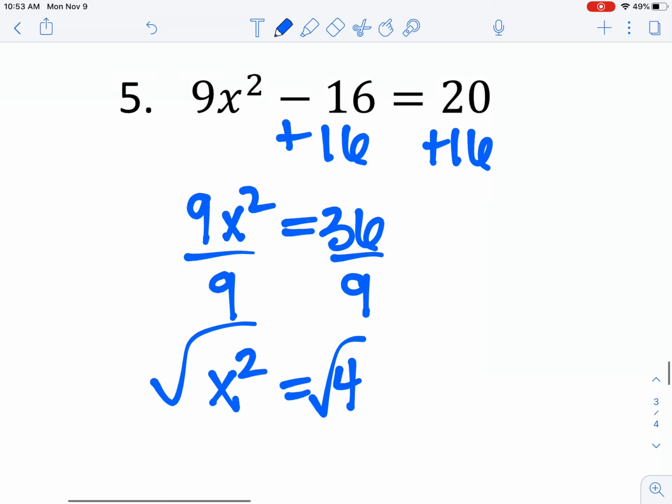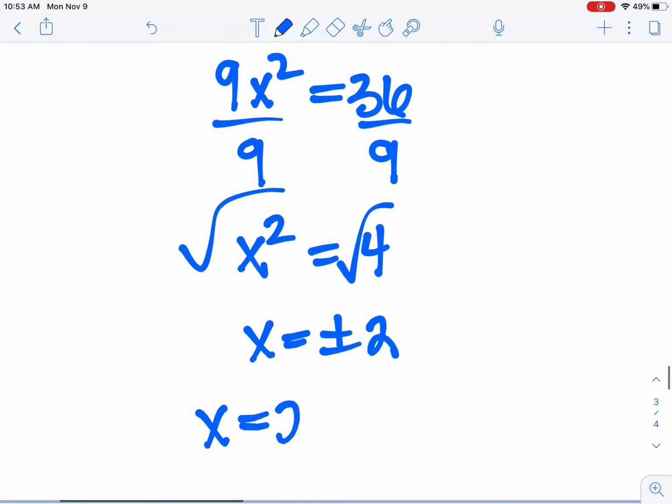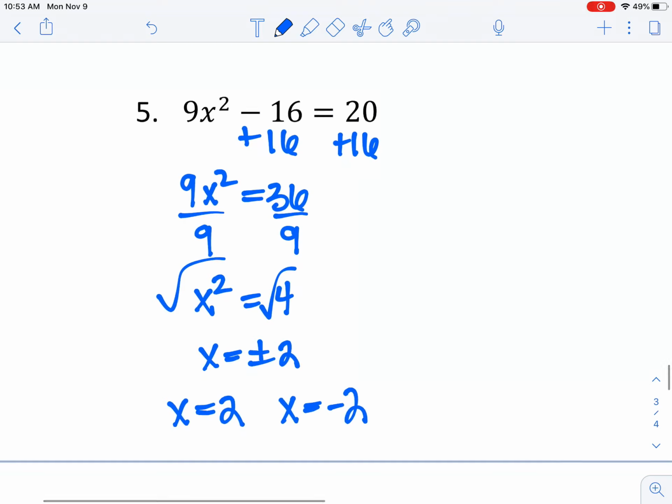Oh yeah, easy. X is plus or minus 2. So we could say our two solutions are 2 and negative 2. Again, you could have subtracted the 20 over and factored 3x plus 6, 3x minus 6, and solved. Okay, that would have worked just fine.